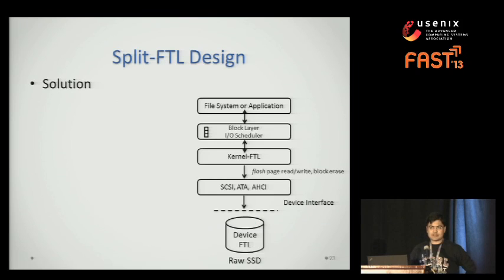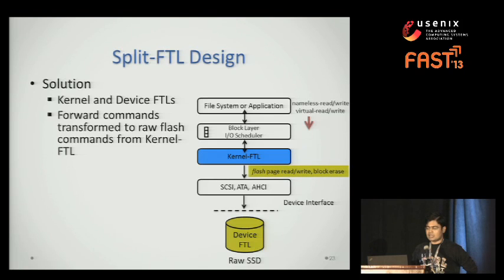For the migration callbacks and the physical addresses, the problem was even more complex. What we did was, we split our flash translation layer design across the host operating system and the device. And now we pull the majority of the functionality into the kernel and implement the majority of the FTL at the kernel level.